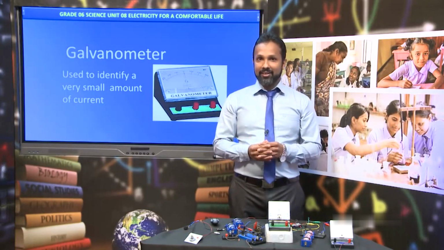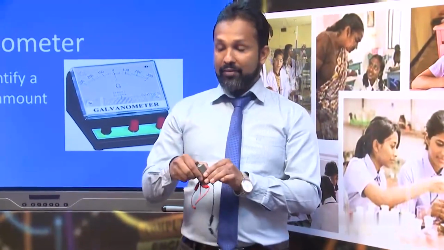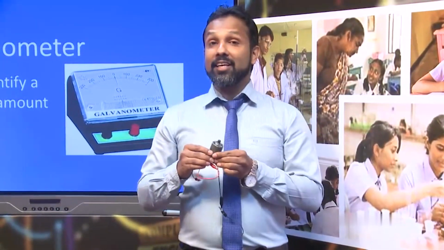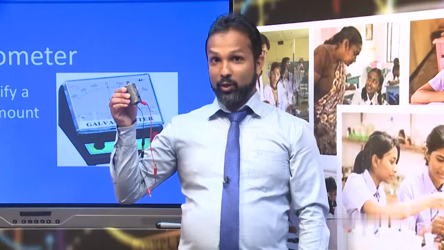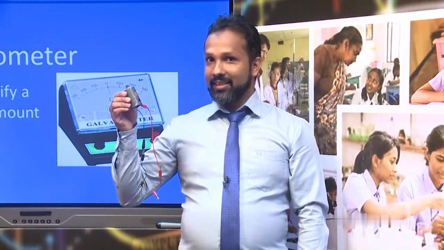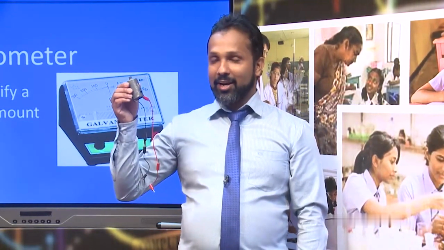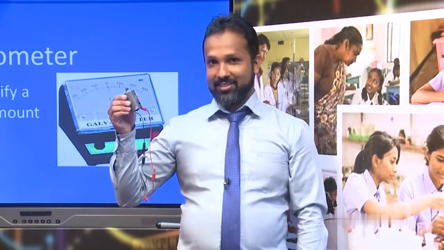Right, my dear children, as you can remember, in the previous program we studied that electricity can be generated by using a dynamo. Electricity is generated in the dynamo by using a coil and a magnet.